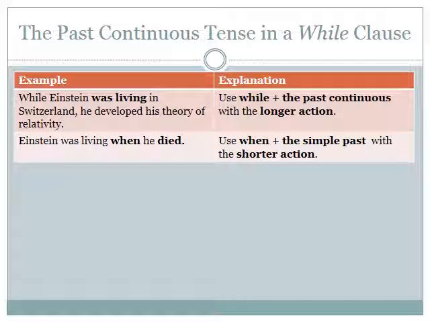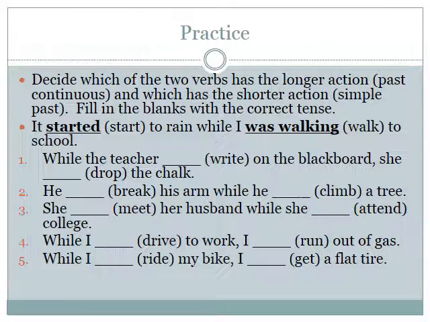So after while, we're using the continuous tense because that's the longer action. So in the next one, Einstein was living, I forgot to write the rest of it. Einstein was living in Switzerland when he died. So the short-term action is when he died. The long-term action was he was living in Switzerland.